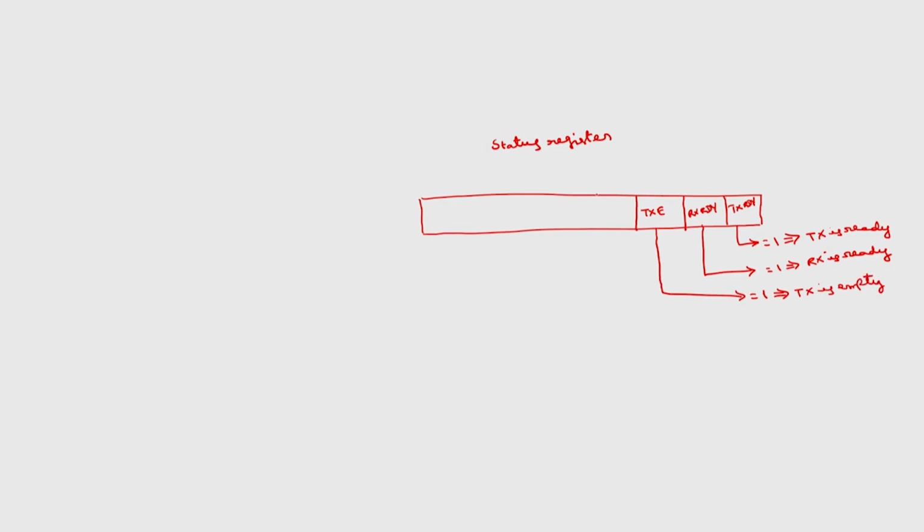Then we have parity error. If I transmit an even parity signal and if I receive odd parity, then there is a parity error. So, this bit will be 1 if a parity error occurs.